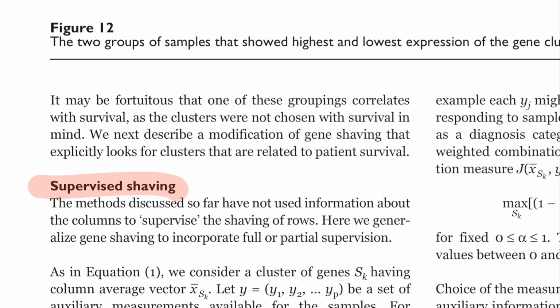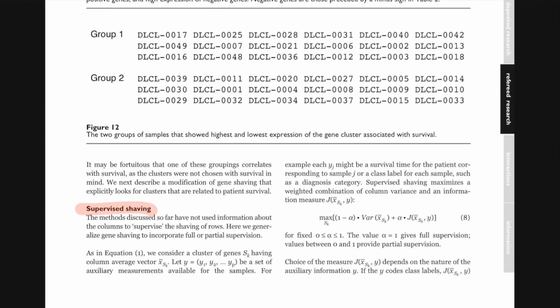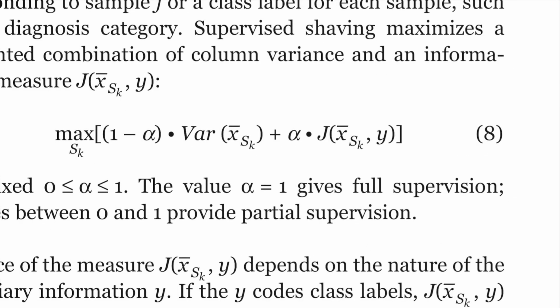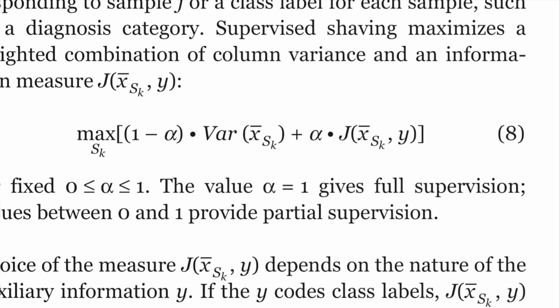So we have supervised shaving. Previously we saw only the unsupervised method. In supervised gene shaving, the key point is that you want to pick the cluster size in a supervised way, to inject some information that would help you pick the cluster size.